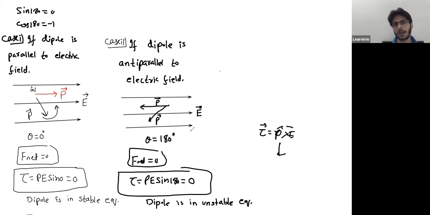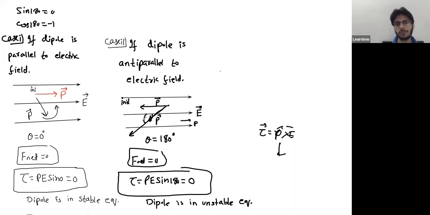Along the field means in the same direction as the field. Say we initially place the dipole anti-parallel. The angle was 180 degrees, no force, no torque. So that's an equilibrium position. Now I disturb this dipole from this equilibrium position. Say the angle between field and dipole is now neither 0 nor 180.